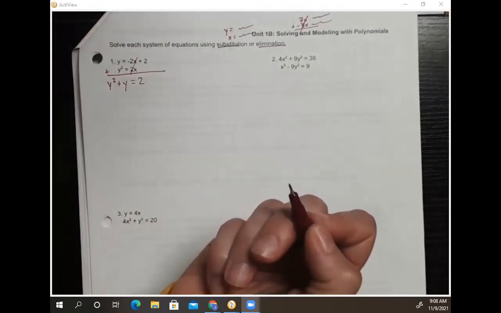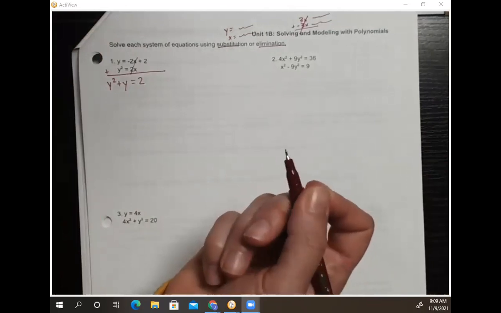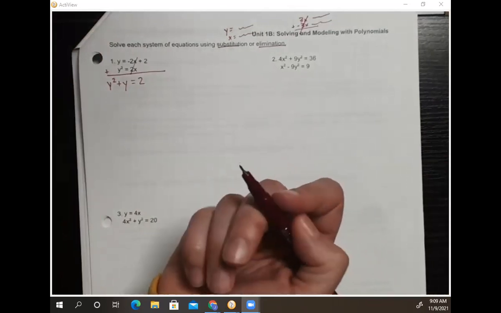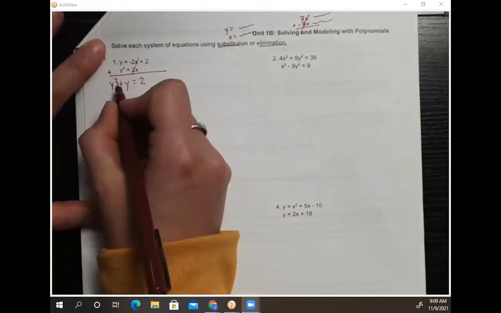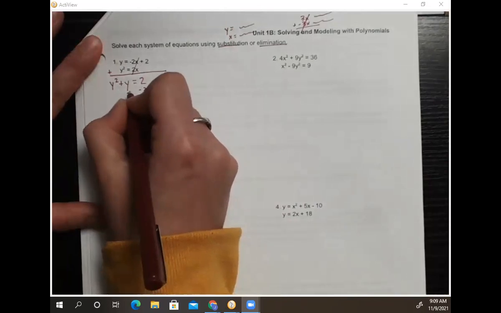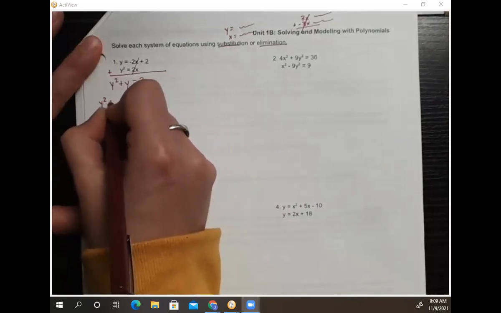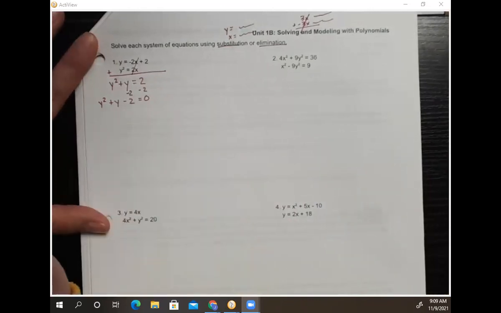Now, we're used to factoring things that are x squared plus 5x plus 4 or something like that, but it works the same way if I've got y. So since I've got a quadratic here, a y squared and a y, I'm going to go ahead and move everything to the same side to get standard form. So I get y squared plus y minus 2 equals 0. And then I'm going to try to factor this.